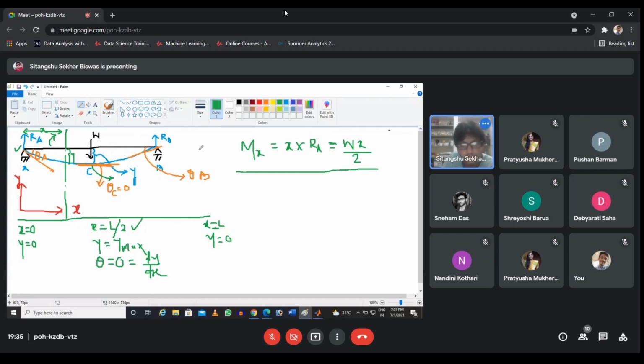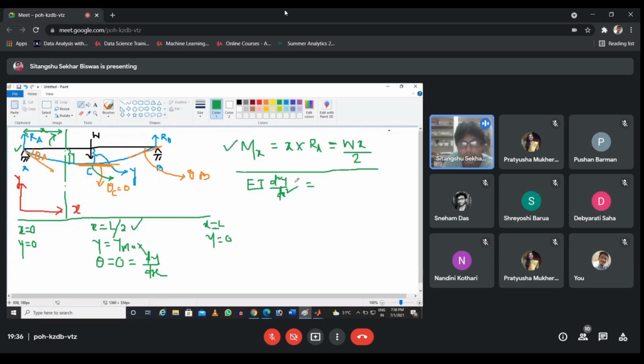That means the entire structure is within the elastic limit and it follows Hooke's law, so stress and strain are proportional. Then if E is the Young modulus and I is the moment of inertia, then E into I into the acceleration is equal to this moment.